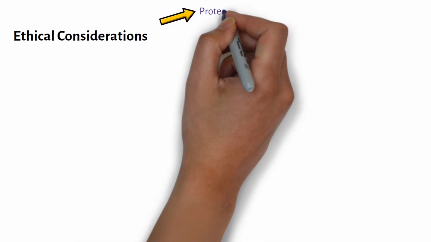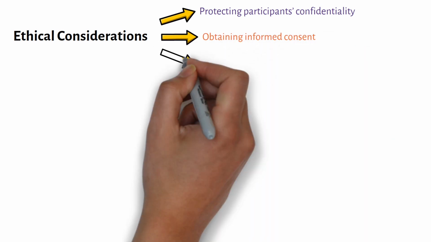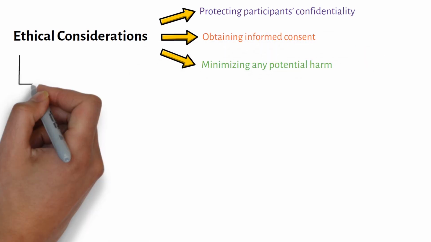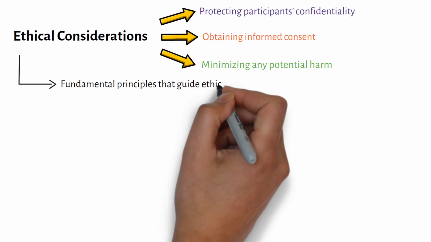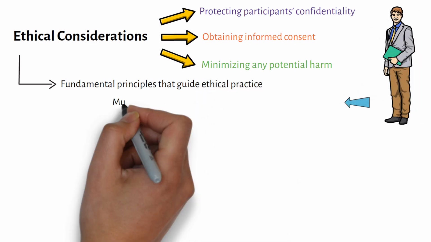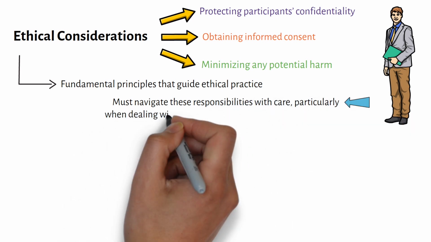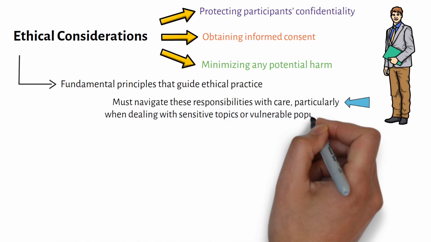Ethical considerations are also paramount in descriptive research. Protecting participants' confidentiality, obtaining informed consent, and minimizing any potential harm are fundamental principles that guide ethical practice. Researchers must navigate these responsibilities with care, particularly when dealing with sensitive topics or vulnerable populations.